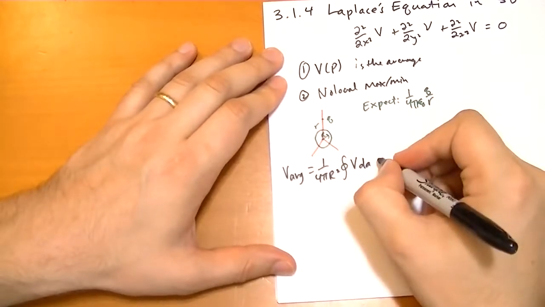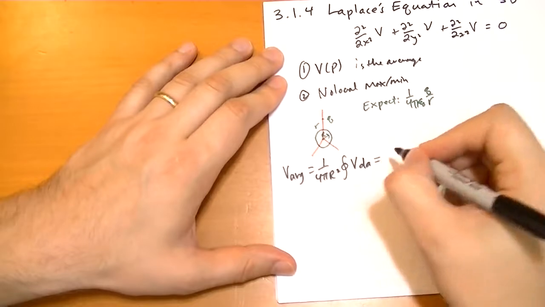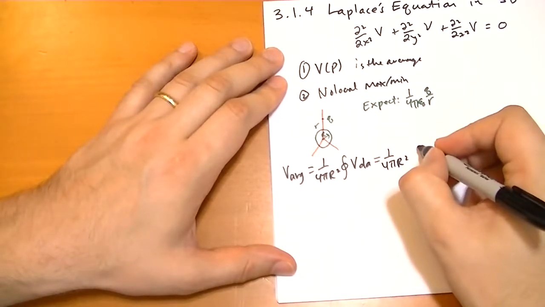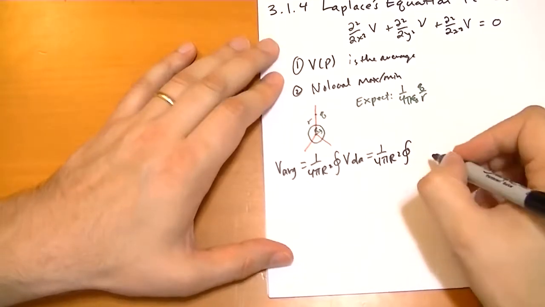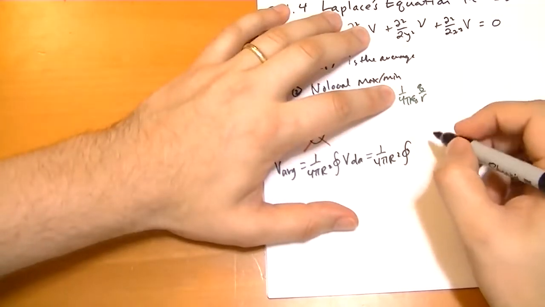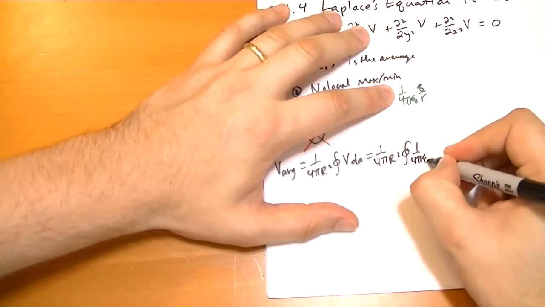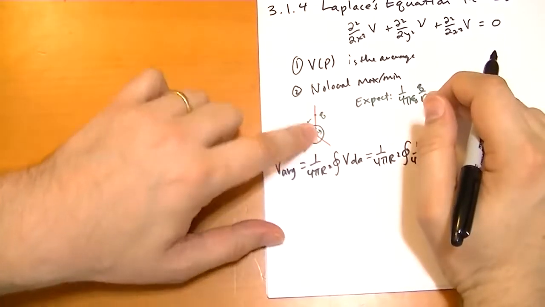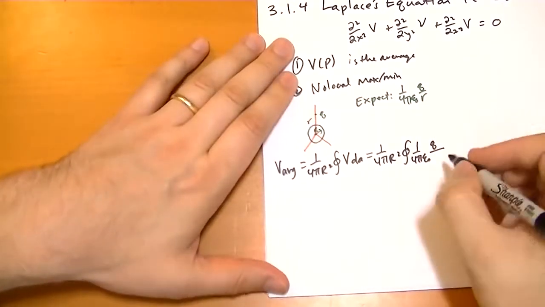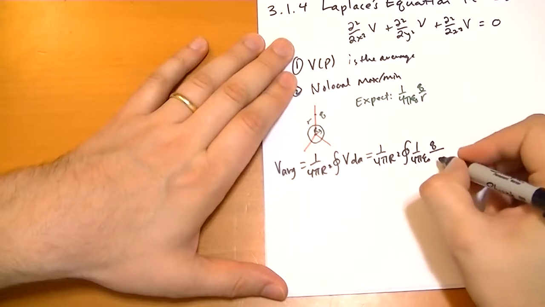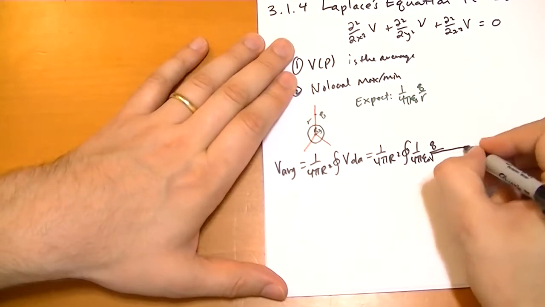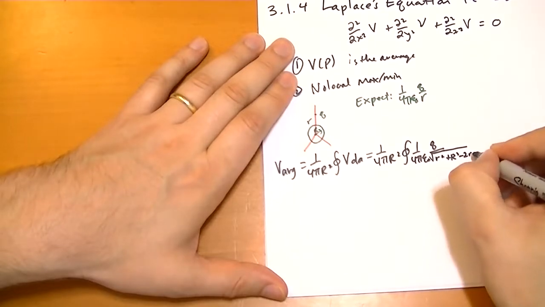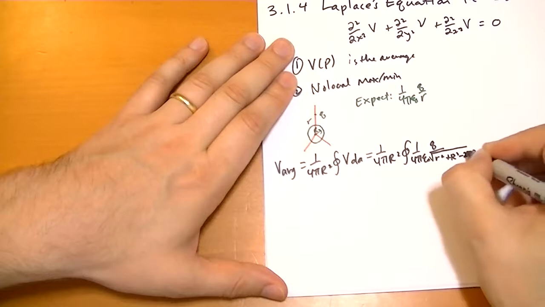Okay, so writing that out in longhand, we have 1 over 4 pi r squared times the integral over the sphere. The potential at any point along there is 1 over 4 pi epsilon naught times the charge divided by the distance from a point on that sphere to the charge, and that distance is given by the law of cosines as the square root of r squared plus capital R squared minus 2r capital R cos theta.